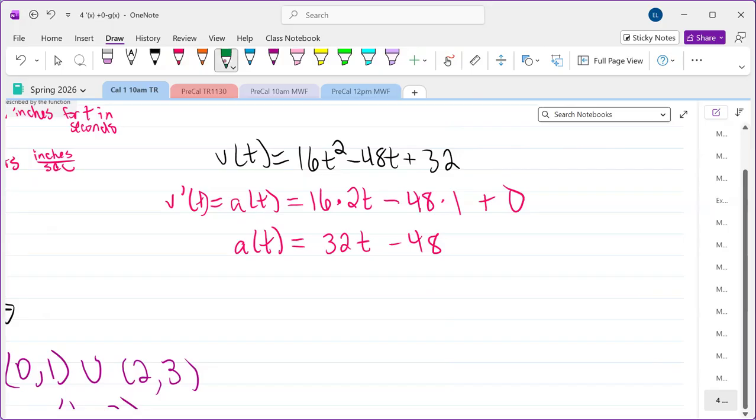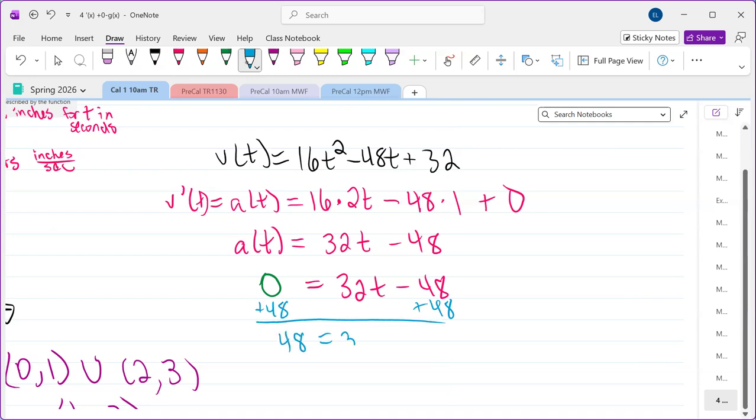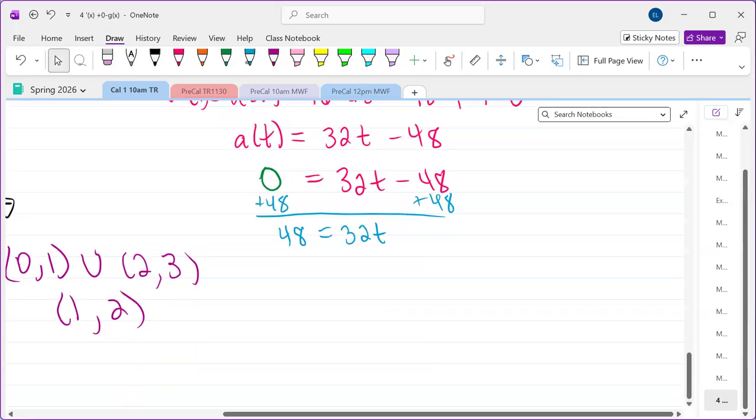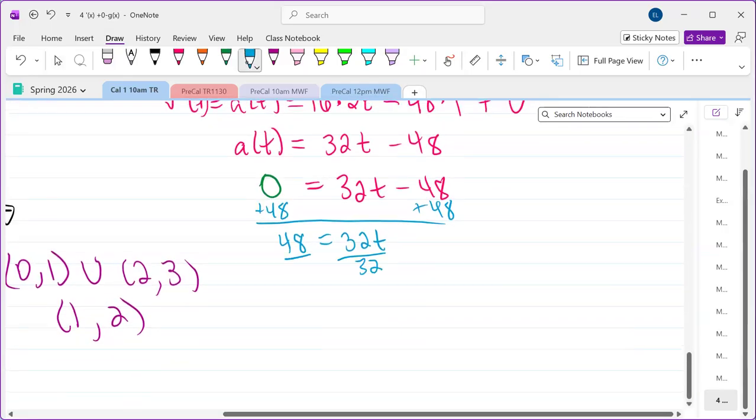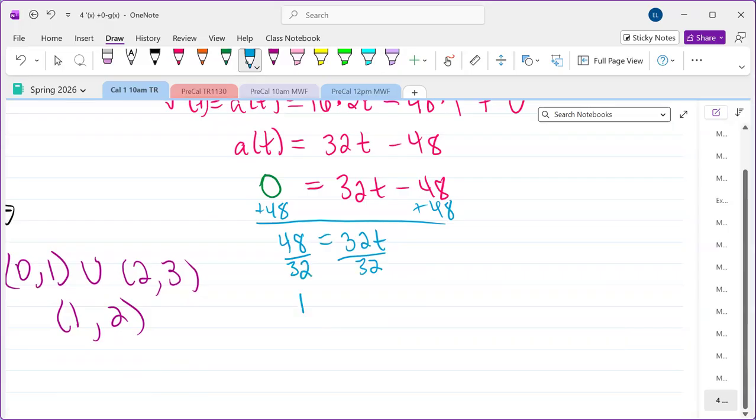Now, to answer about speeding up and slowing down, we need to know when the acceleration is positive, when the acceleration is negative. So we need to know when it's 0. And we end up with 1.5.